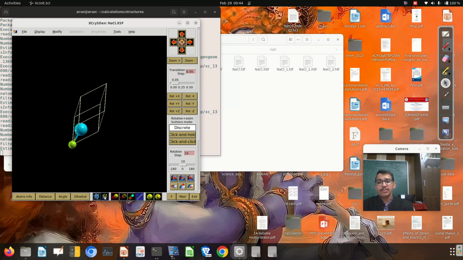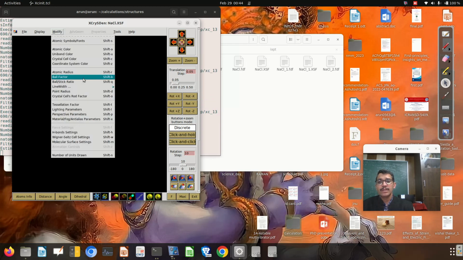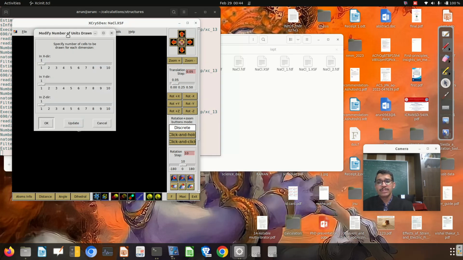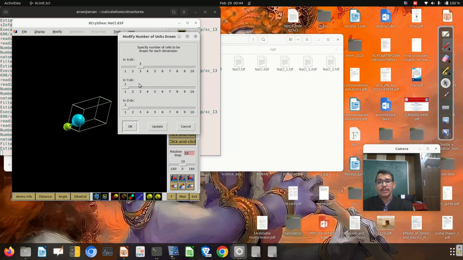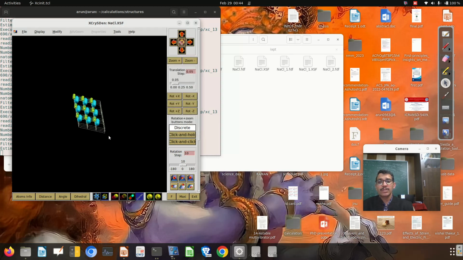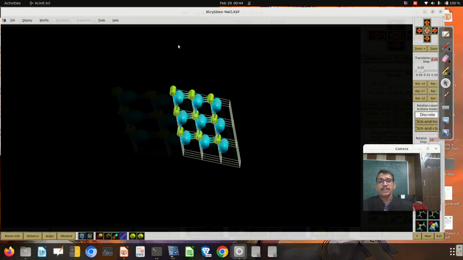But in the primitive mode, if I click it here, it means 2 atoms per unit cell, and if I repeat it, number of units drawn, yeah, so this is the actual structure of sodium chloride. See it.